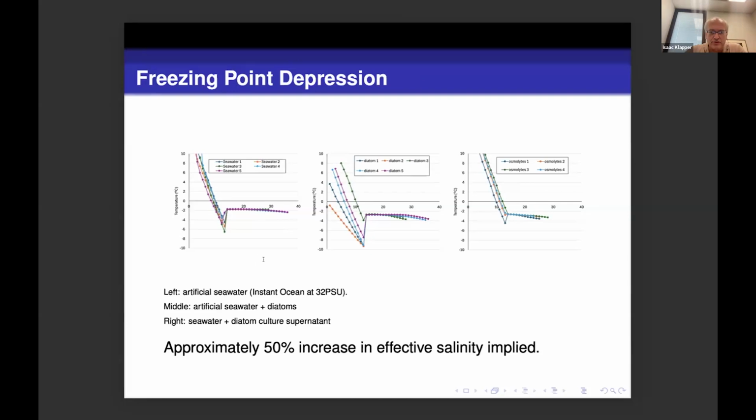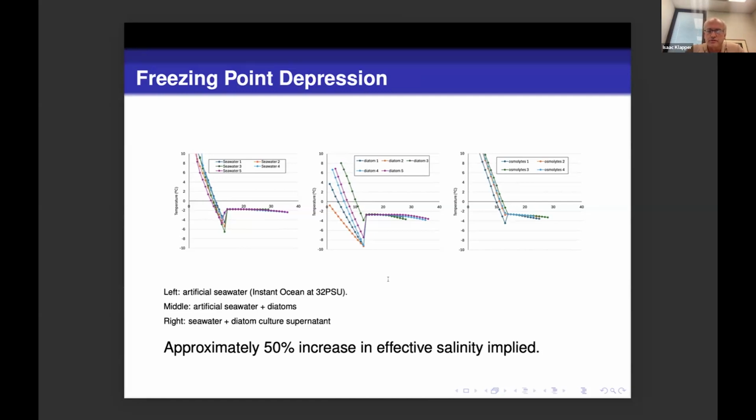The first one is with just artificial seawater. So you put this in, track the temperature, it supercools, and at some point starts to freeze, and it jumps up to roughly -2 or -1.8 degrees, as it should. So that's a type of control. Then we took a solution of, so these guys had a culture.